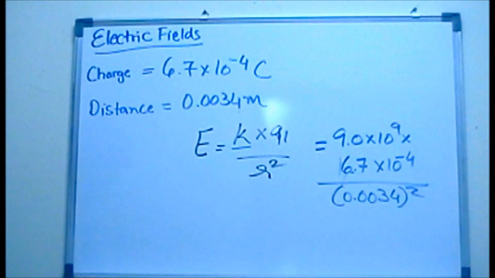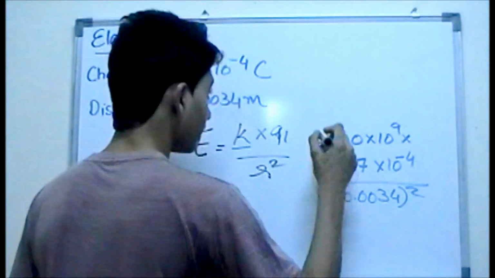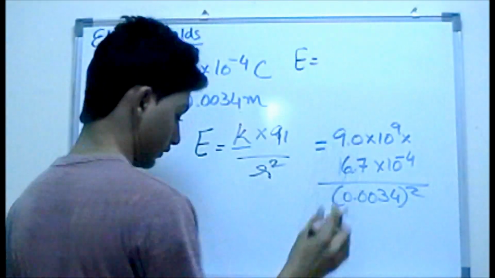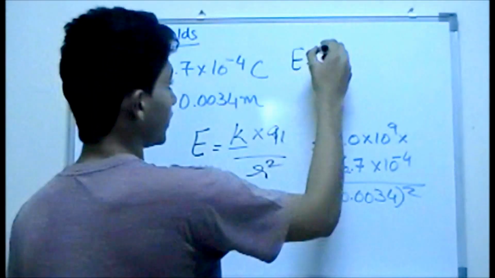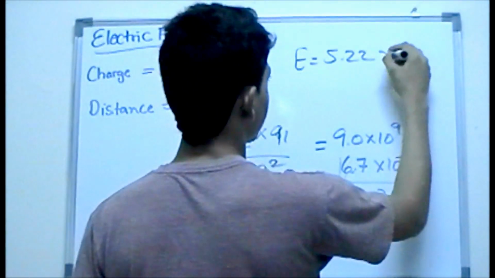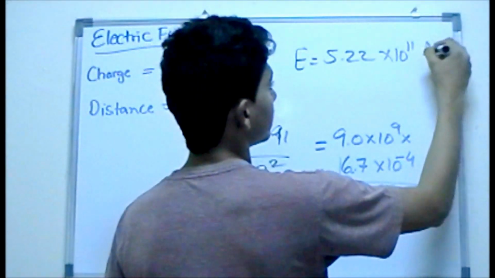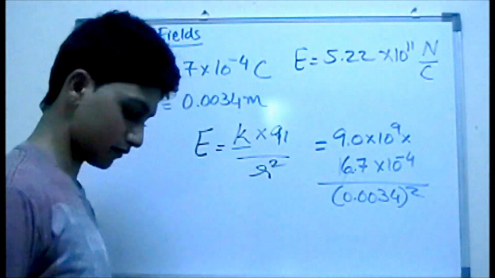When you do that, you get your electric field to be 5.22 times 10 raised to 11. Okay, and the units are Newton per Coulomb.